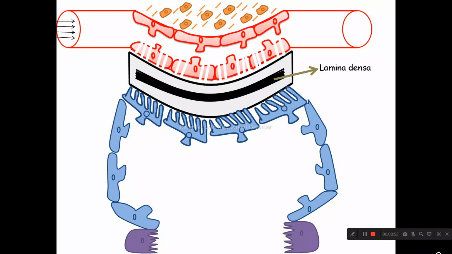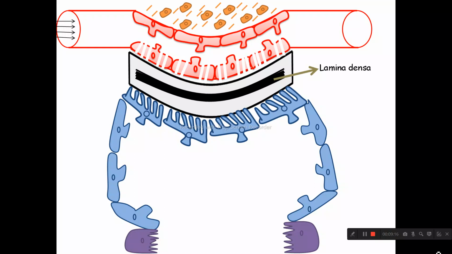We say that the central area is strongly electron dense, but on the endothelial side and epithelial side of the basement membrane, it is relatively electron lucent. Electron lucent means under electron microscope the area looks less dense. And it is called lamina rara.